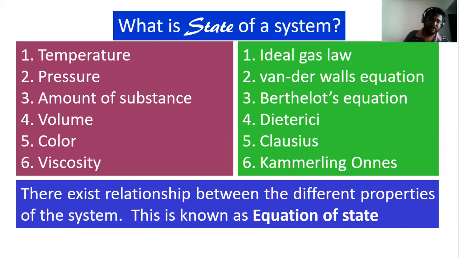Now, fortunately, we don't have to determine all those properties, because certain relationships exist between these properties, and if you know some of them, you can determine the rest. This is a wonderful thing, and this relationship or dependency is known as the equation of state.